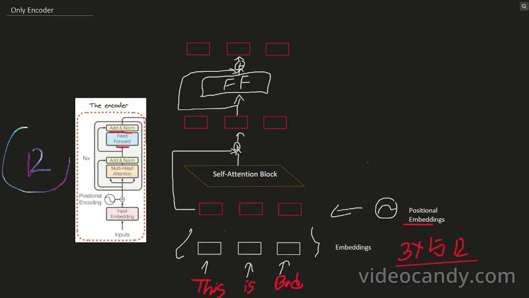So let's take an example. This is bad, okay, and we have to find its embedding, which will be something like 3 into 512. Then we add a positional embedding, which generally uses sinusoidal curve equations to maintain the order of the token sequence. Then we push our embeddings into a self-attention block.